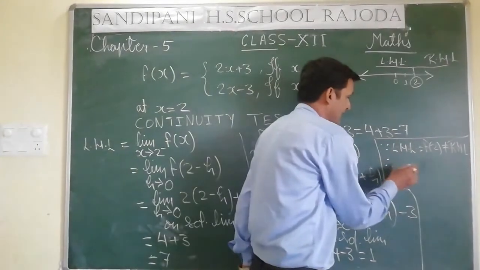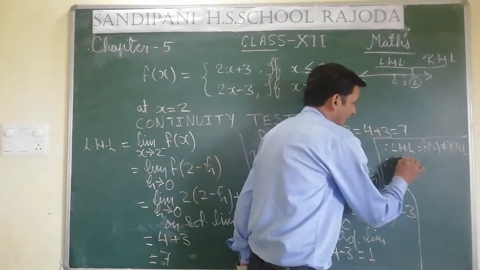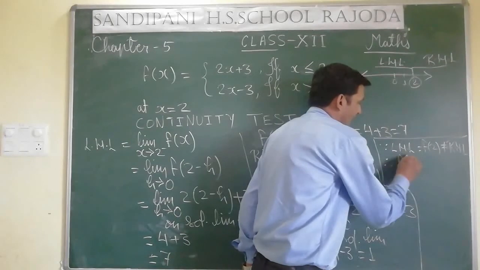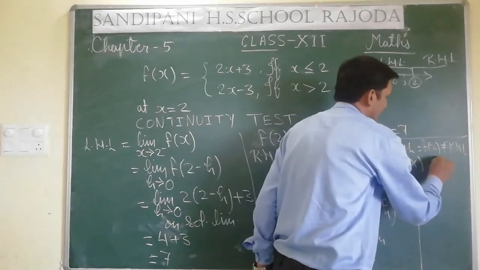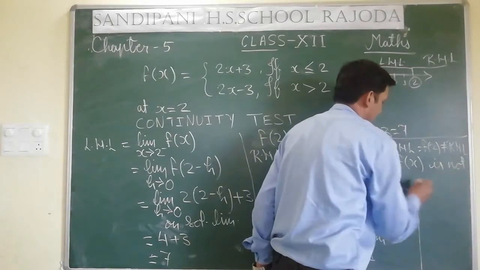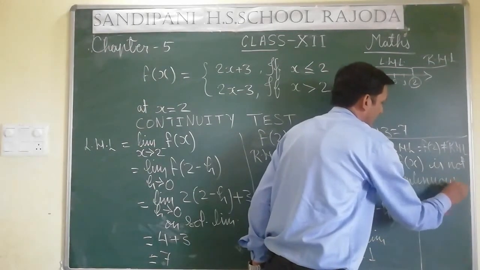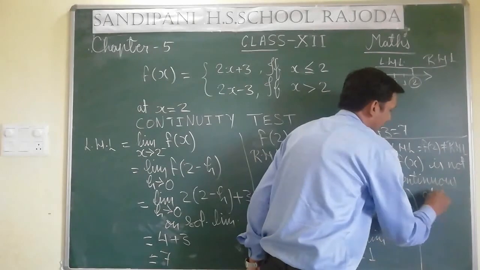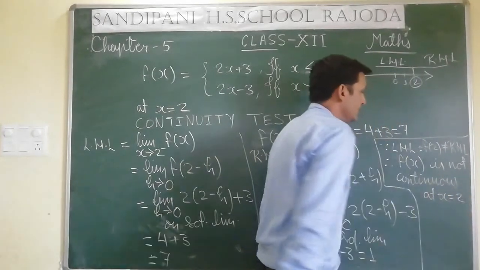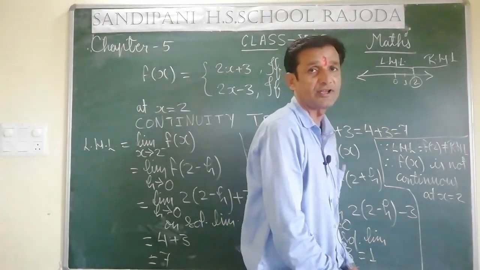So we may assign here, therefore function f of x is not continuous at x is equal to 2. This is the conclusion for this question. It is over.